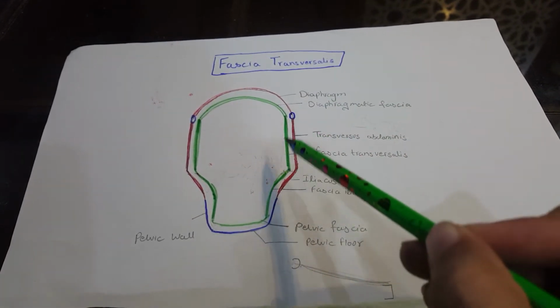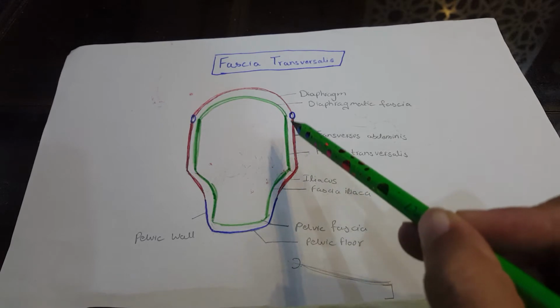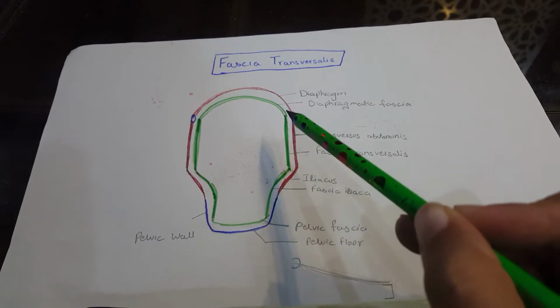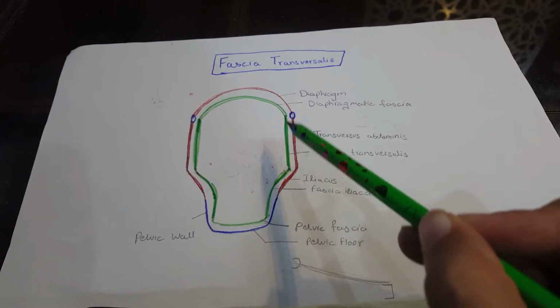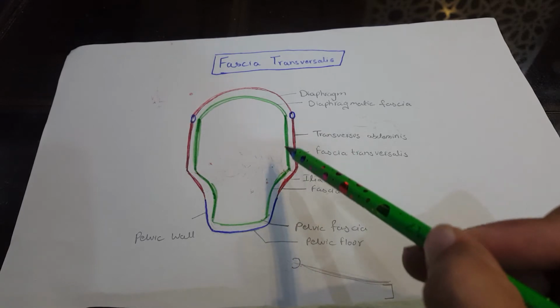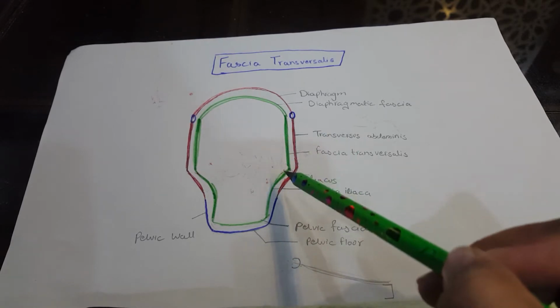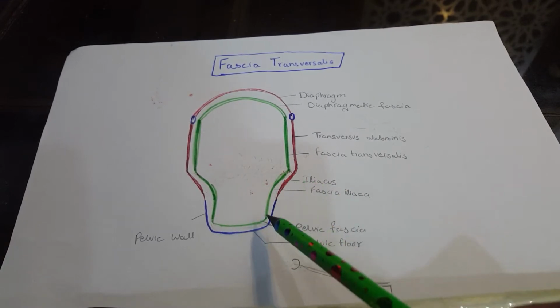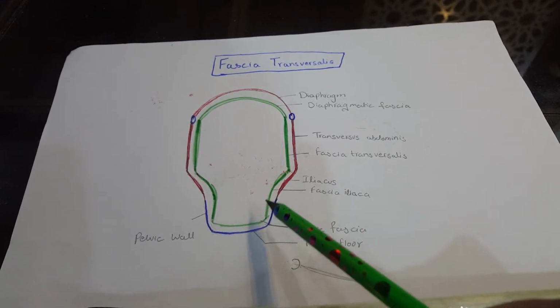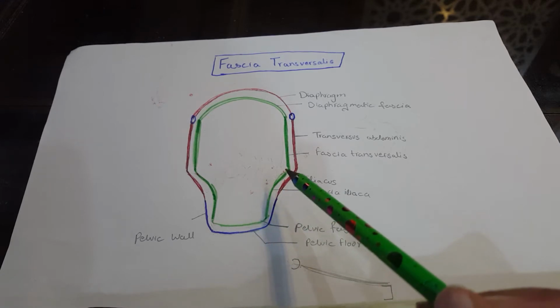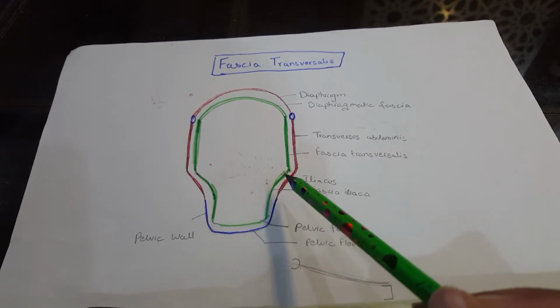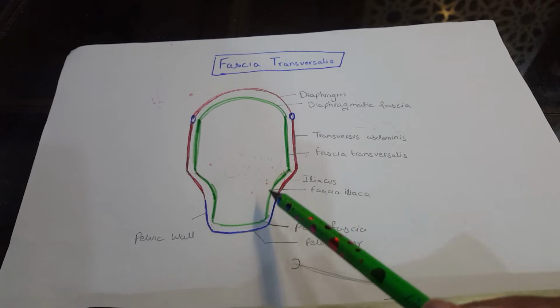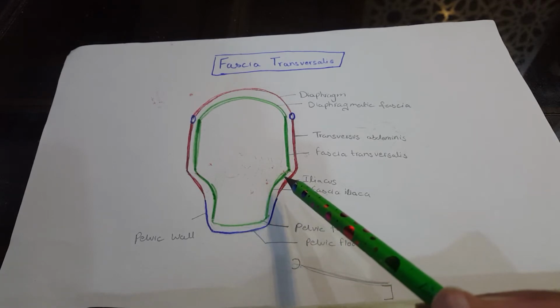Fascia transversalis is a fascia that lines the transversus abdominis muscle. Fascia iliaca basically covers the iliacus muscle. This is the iliacus muscle and this fascia is covering it.